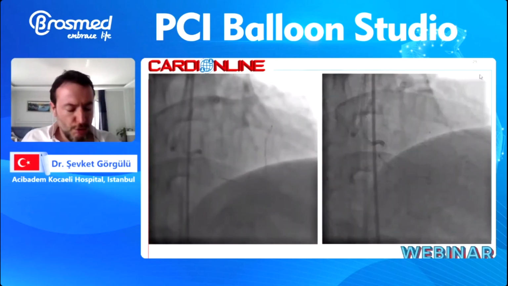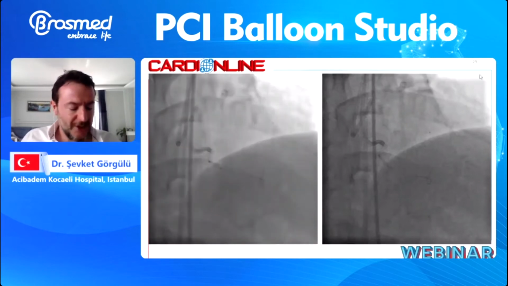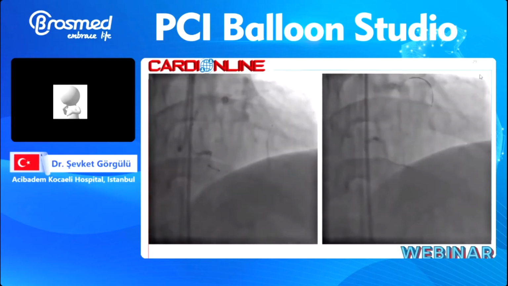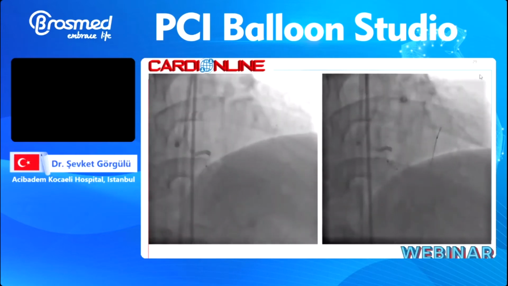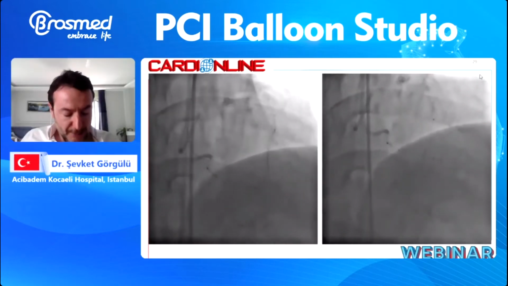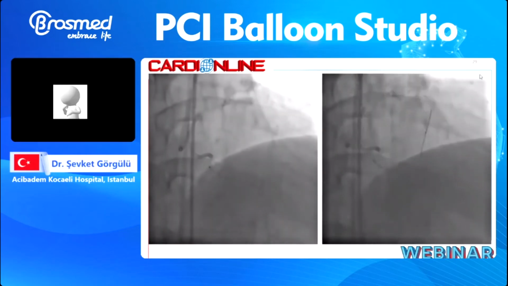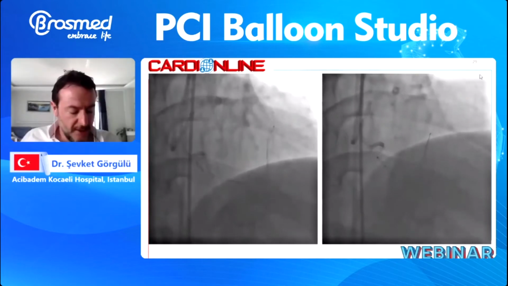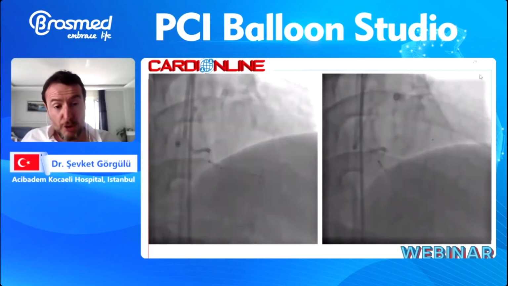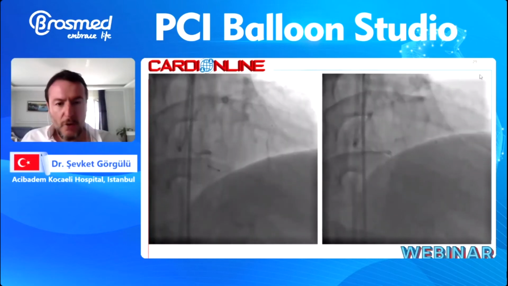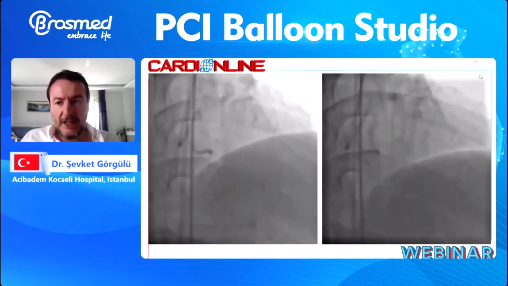In CTOs, if you want to succeed with less hassle, you should begin with a proper setup. A side branch anchoring balloon is mostly crucial for strong backup, which facilitates advancement.